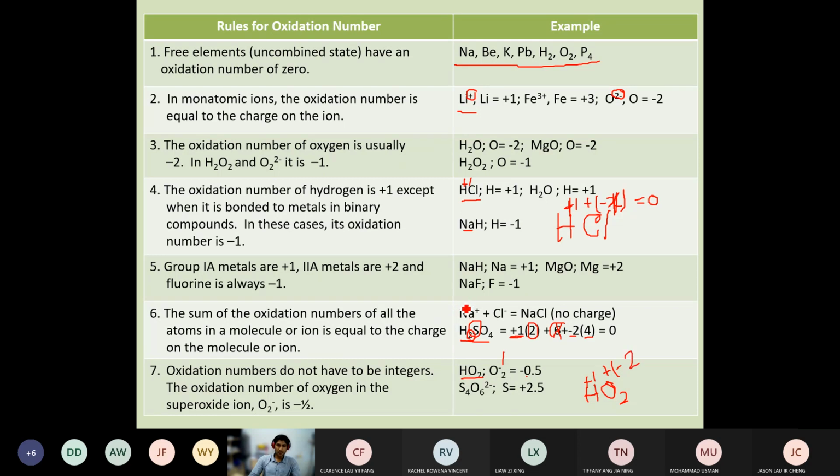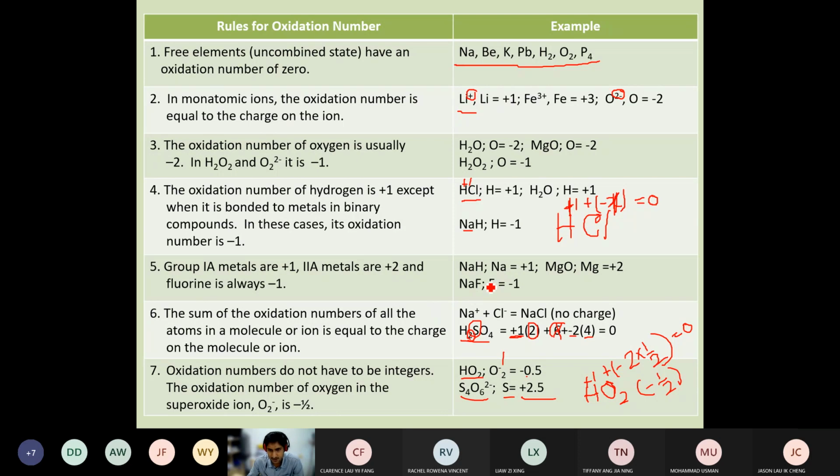So 2 times half, then only it will become 1. So in this case, oxygen is negative half, and then it becomes 0. So oxygen is negative half for a superoxide, and in the same way, if we calculate, we will find sulfur is positive 2.5 oxidation state.